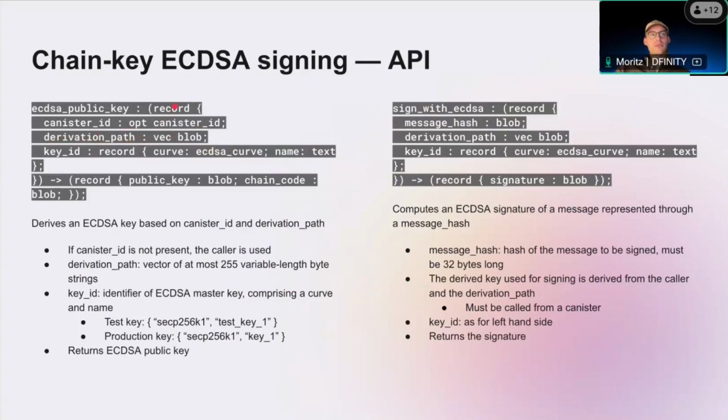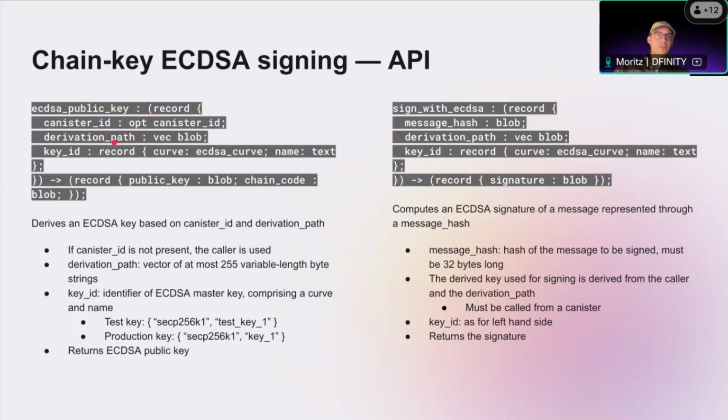So as a programmer, if you build your canister smart contract and you want to use ECDSA and you want to retrieve the ECDSA public key for your own canister, or for another canister, this is the method that you need to call. So you provide the canister ID that you want to retrieve the public key for. If you don't provide it, it's assumed that the canister that you are calling from is the one that you want to get the key for.